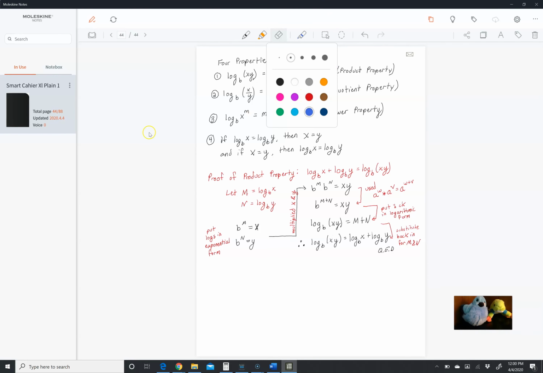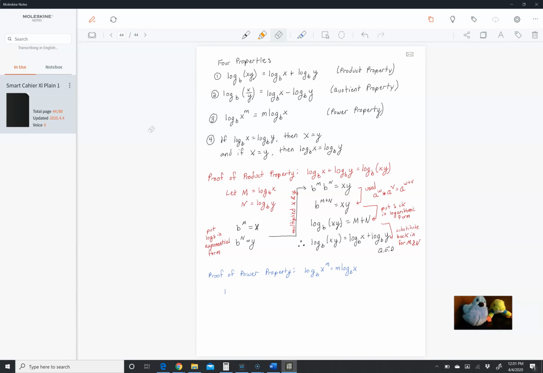So there are two ways to prove this. This is saying log base b of x to the m is equal to m log base b of x. So the first way to prove it is we can use the laws of exponents, the definition of exponents.